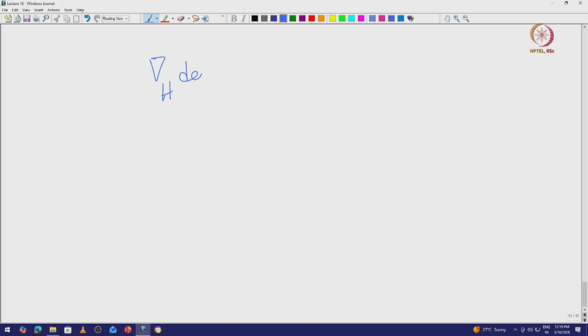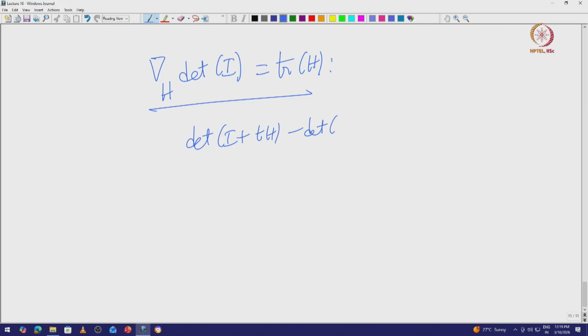Let's compute the directional derivative at the identity matrix in the direction H. The claim is this is equal to the trace of H. How does one do this, right? There are a number of ways to do it. What is this after all? This is the determinant of I plus tH minus the determinant of I, divided by t, as t goes to 0.